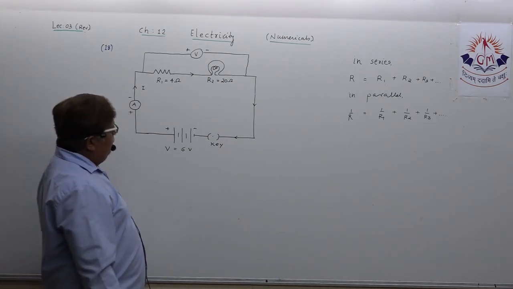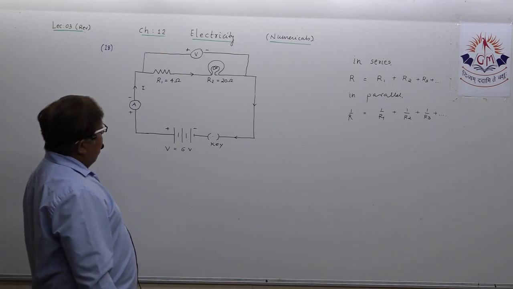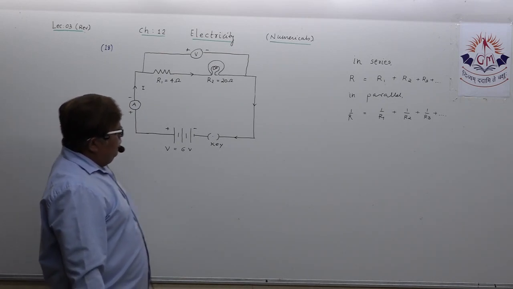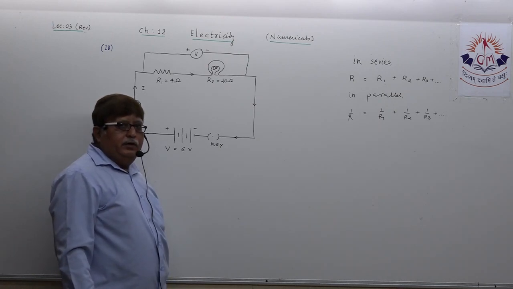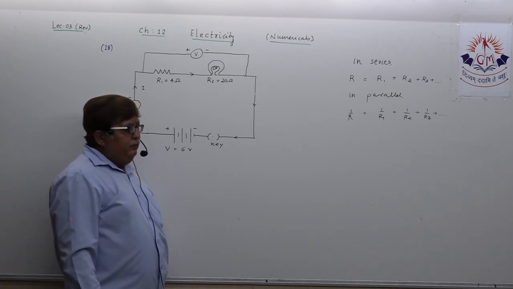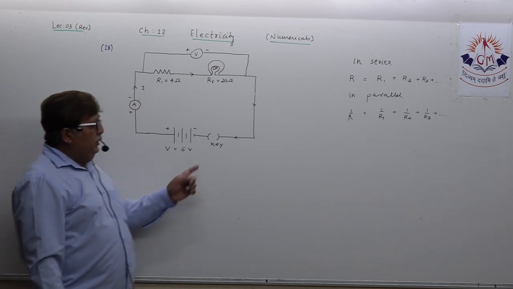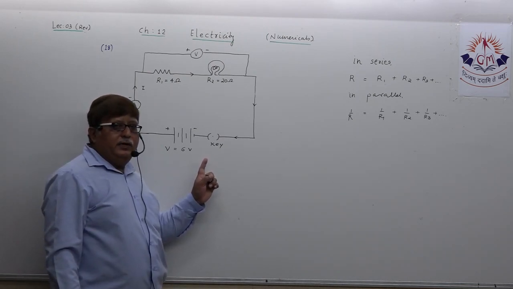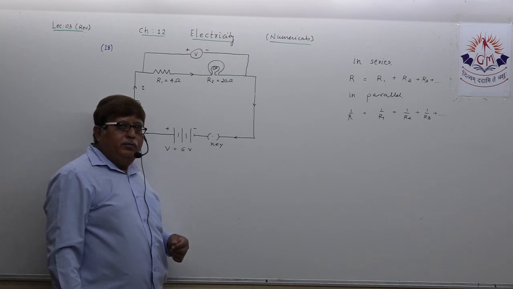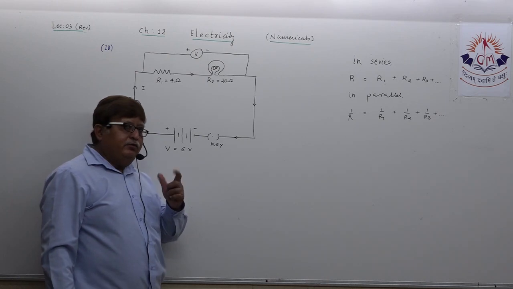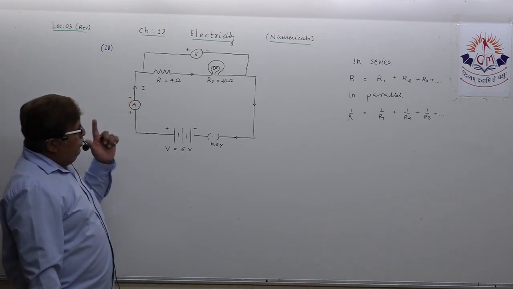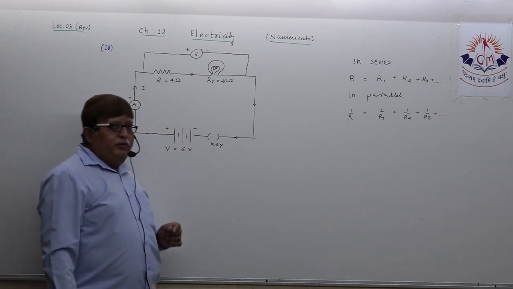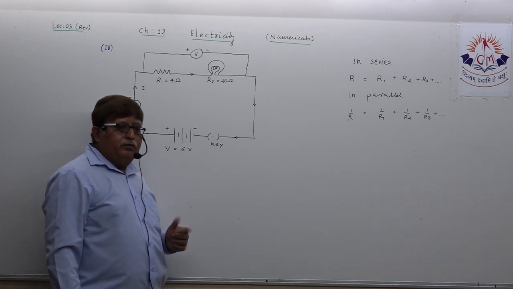Why I am insisting that you develop the skill to draw the circuit by yourself is because sometimes in the board exam they ask you to draw the schematic diagram, which carries 1 mark. So in your schematic diagram there should not be even a minor mistake, like missing the electrodes.